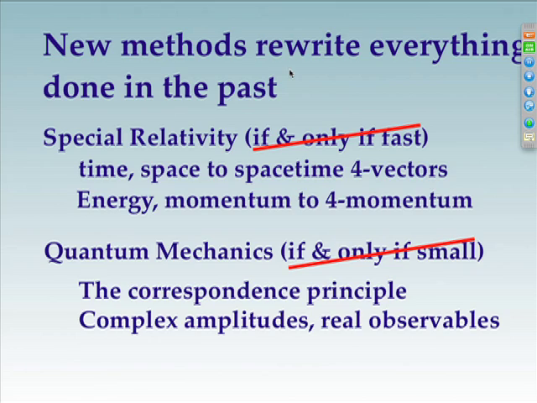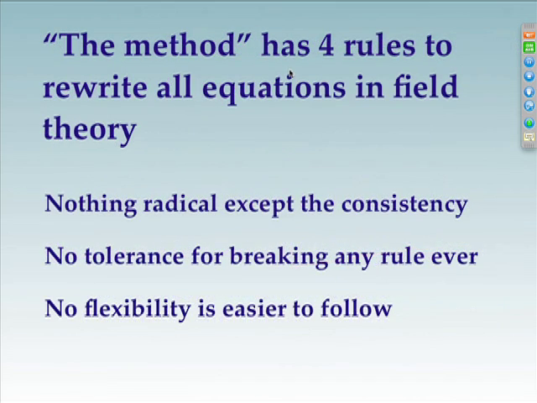That was my attitude. So the method, as I'm calling it, has just 4 rules to rewrite all equations in field theory. Or maybe I should just say in physics. Nothing is really radical except being this consistent, and we don't tolerate breaking rules.